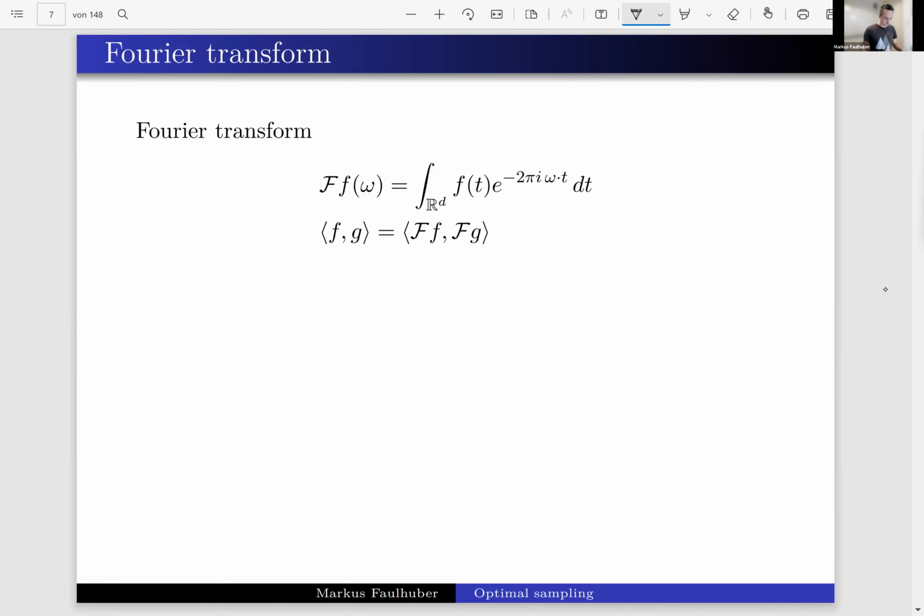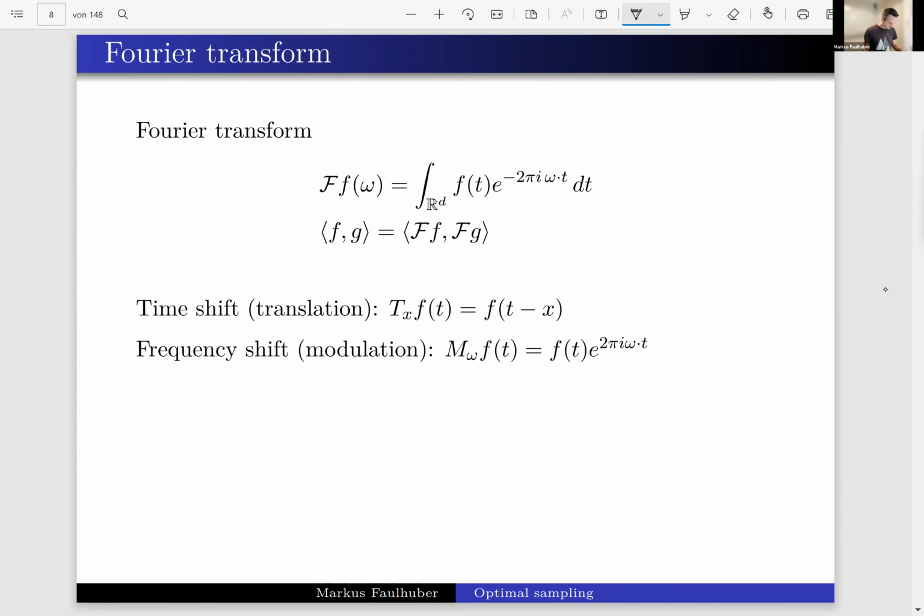Okay, so just to set the notation, because the Fourier transform has always different normalizations. I'm using here this 2 pi in the exponent, and like that, it's a unitary operator, and we have Parseval's identity and the Plancherel theorem.